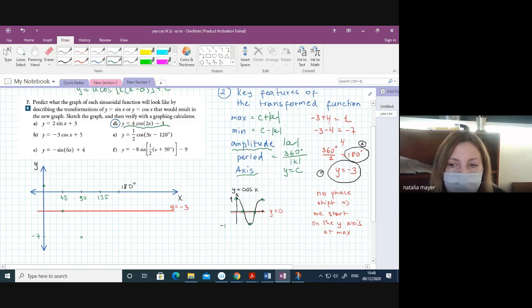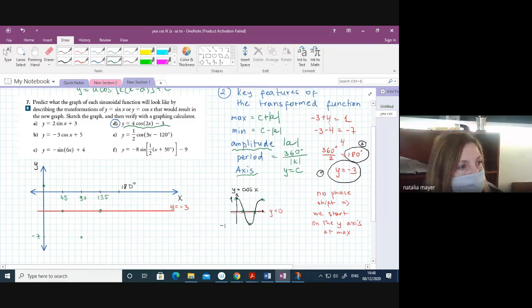Where do I go after the minimum? I go back to the axis. So 135 and negative 3.